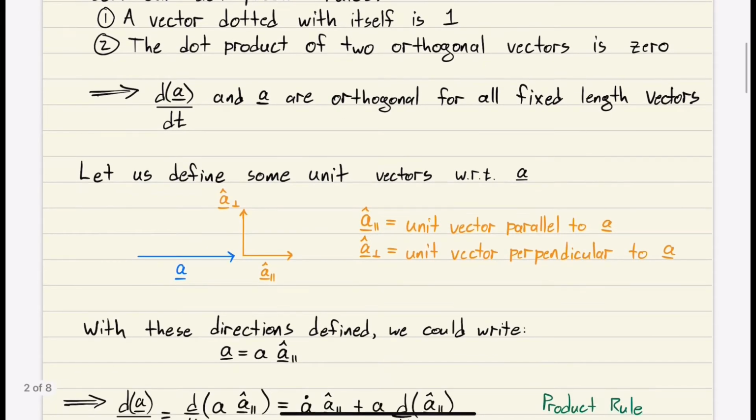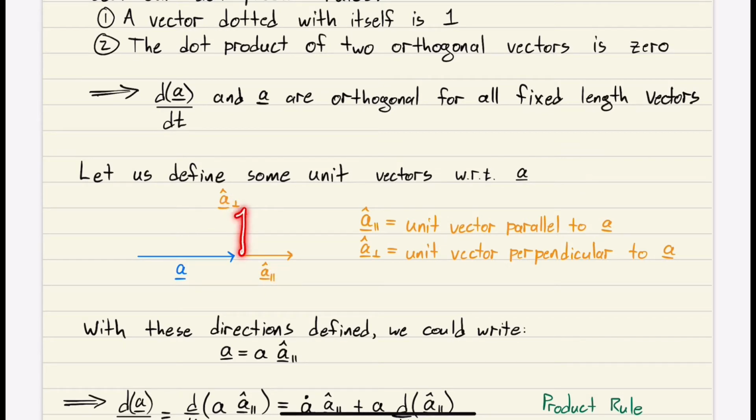So let's define some unit vectors with respect to our vector we're looking at, a. So say we have a pointing in this direction. We're going to define a hat parallel, this unit vector, to be parallel or going in the same direction as a. We're also going to define a hat perpendicular, and that's what these little symbols mean, by the way. This one is perpendicular and this one is parallel.